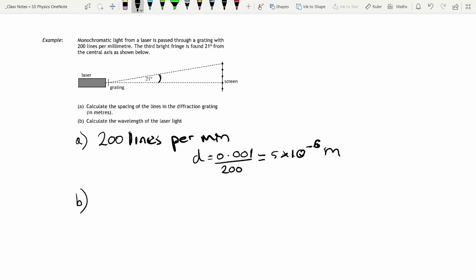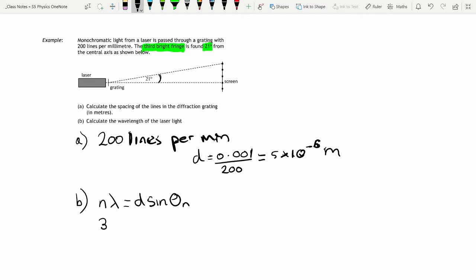Part B, calculate the wavelength of the laser light. It's a diffraction grating, so we know the equation for diffraction gratings is n times wavelength equals d times sine of theta n. We are told in the question that it's the third bright fringe at 21 degrees.